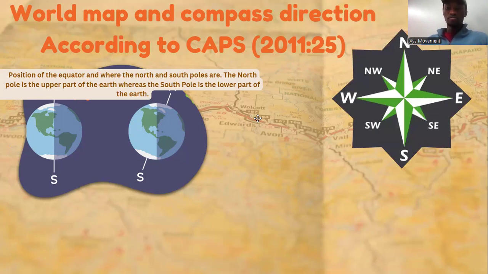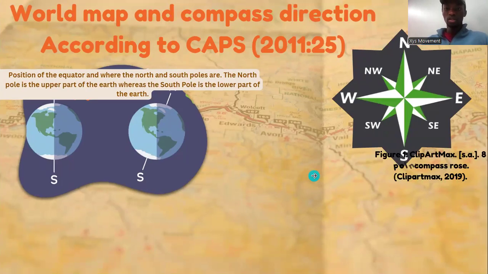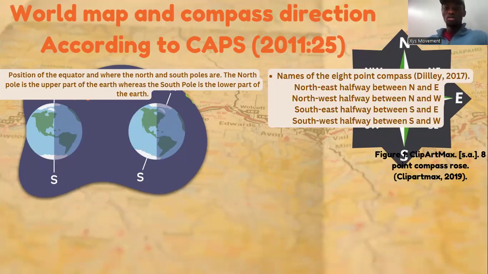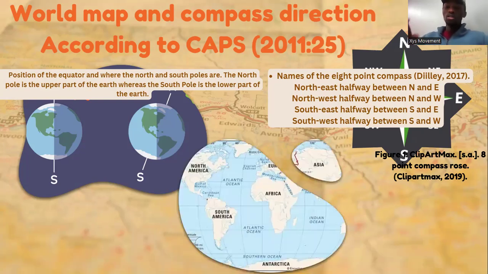Secondly, we need to cover the names of the eight-point compass. So the 8-point compass consists of the following. In grade 4, what you have learned is only north, west, south, and east.